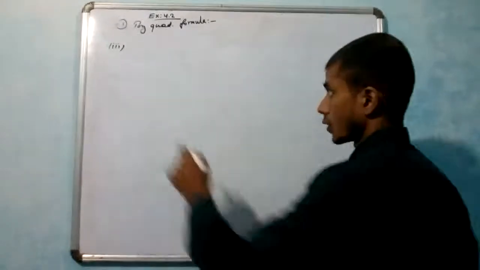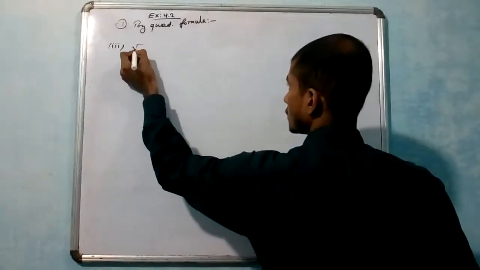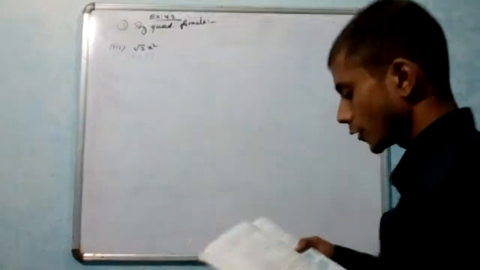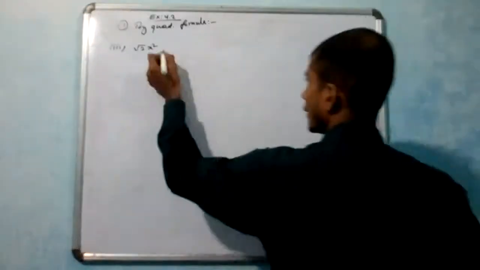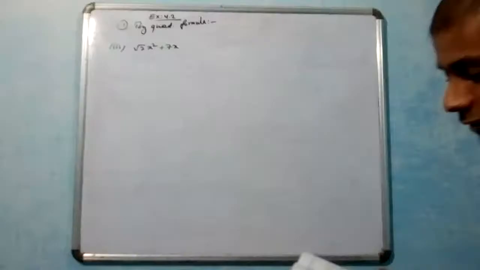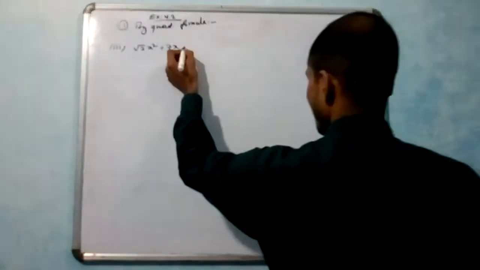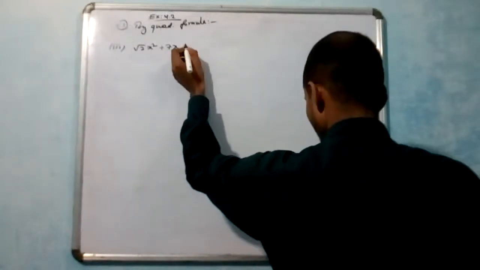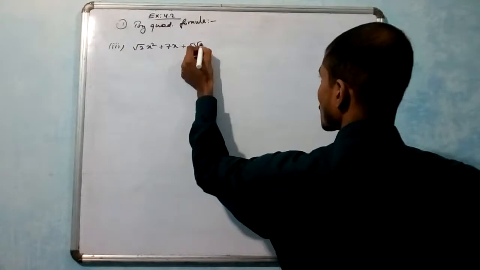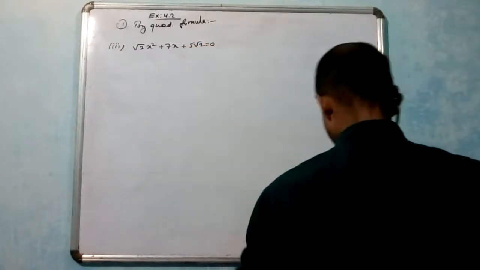Let us see the third one, root 2x square. What, man, you are scared of root 2? I saw in the solution, you tried so hard. Why are you still scared? Plus 7x plus 5 root 2 is equal to 0. Okay?